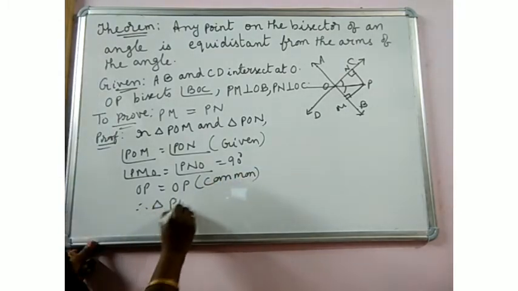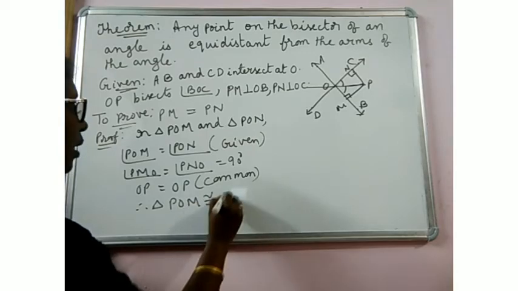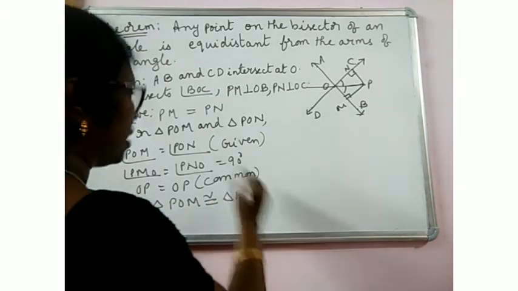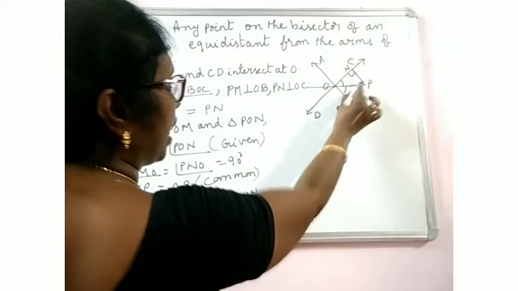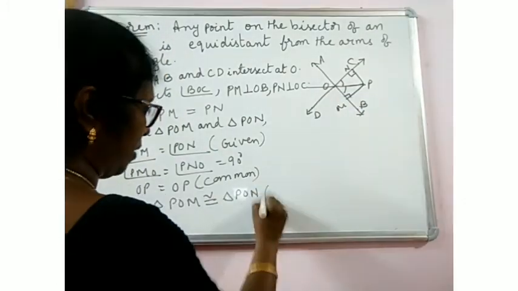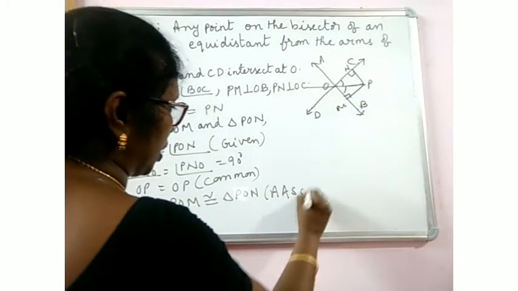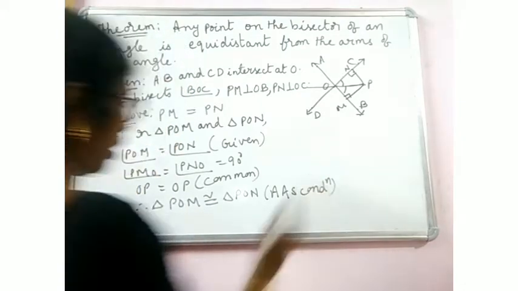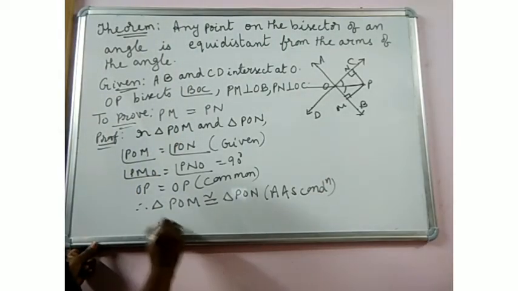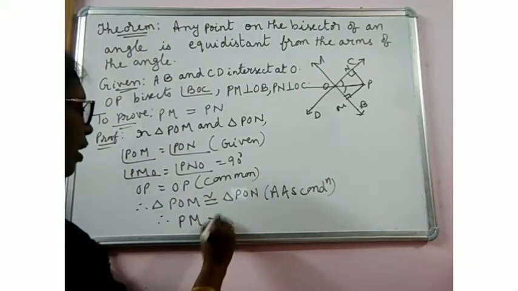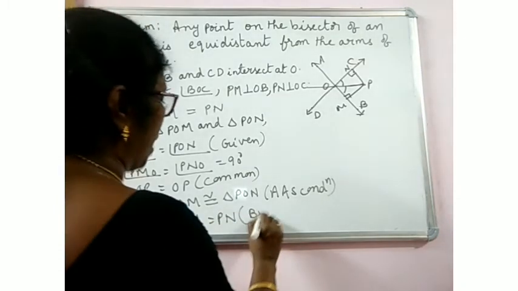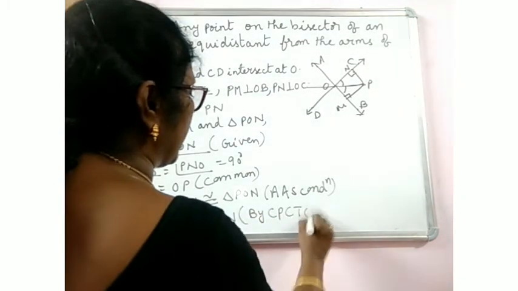Therefore, triangle POM is congruent to triangle PON. Here the condition is angle, angle, side. Under AAS condition, these two triangles are congruent. If they are congruent, therefore PM is equal to PN by CPCTC.